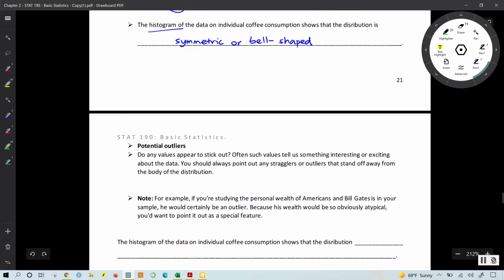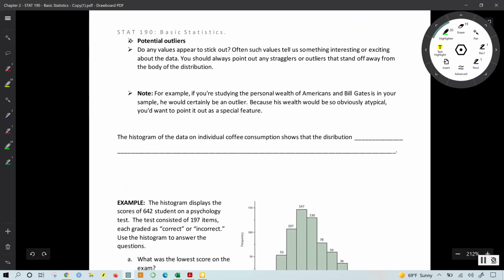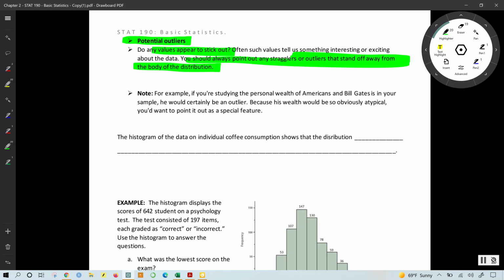Now we proceed to another important characteristic of histograms, and that is to inspect for the possibilities of potential outliers. In other words, we want to see if there are values that appear to stick out or separate away from the entire body of the distribution. You should always point out any stragglers or outliers that stand off away from the entire body of the distribution.